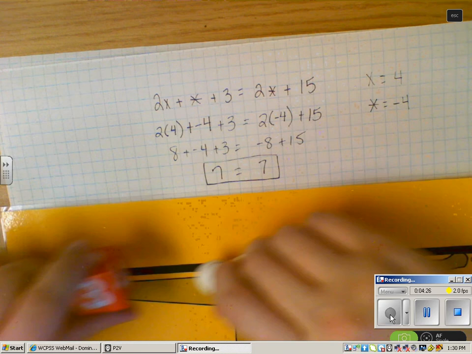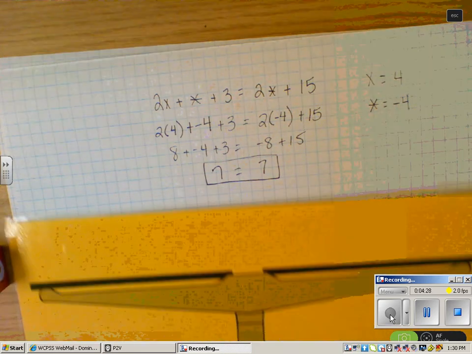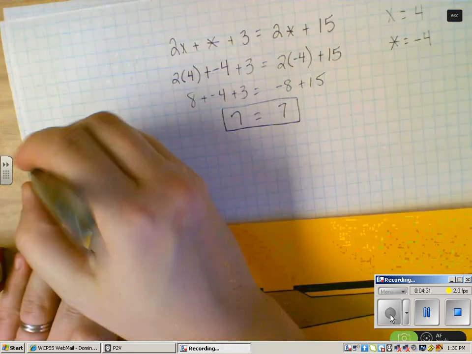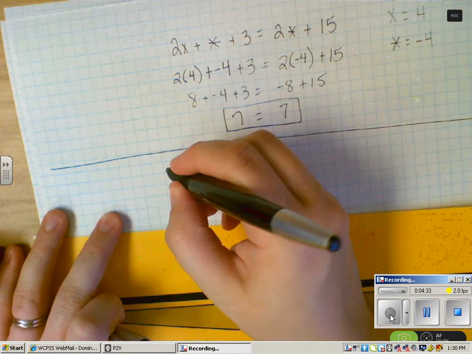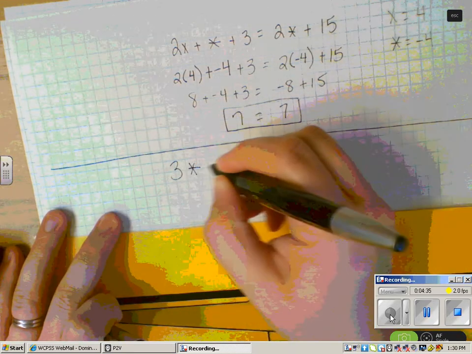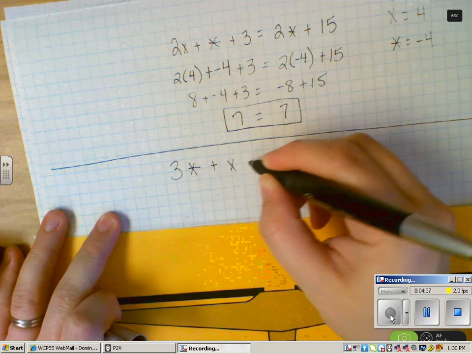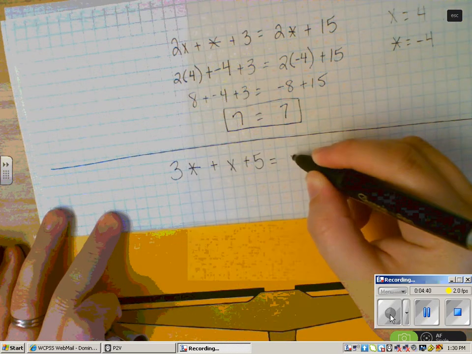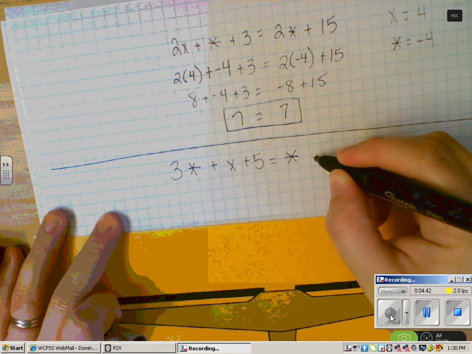Okay, try this one on your own. I want you to do 3 star plus x plus 5 equals star plus 12.